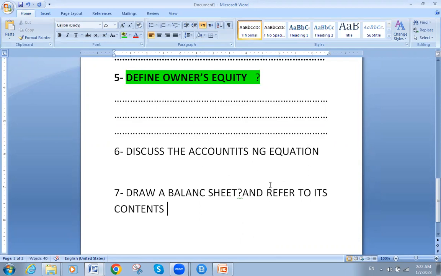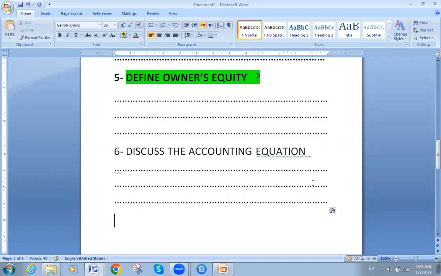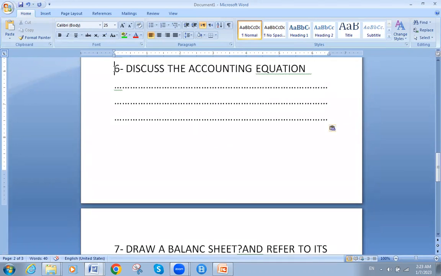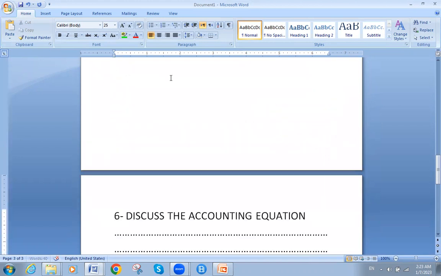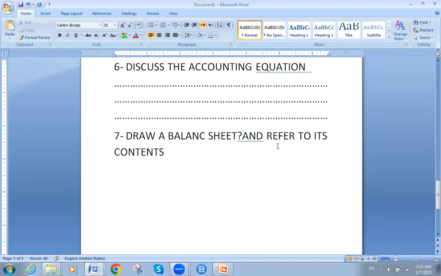So you draw a balance sheet and refer to its content. This is the first question. Draw the accounting equation. And the second question: draw a balance sheet and refer to its contents.